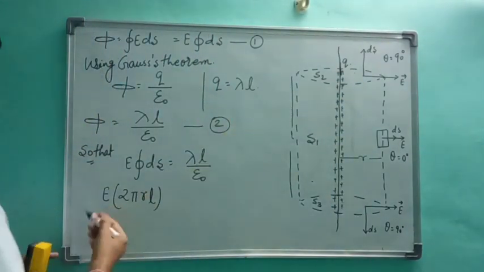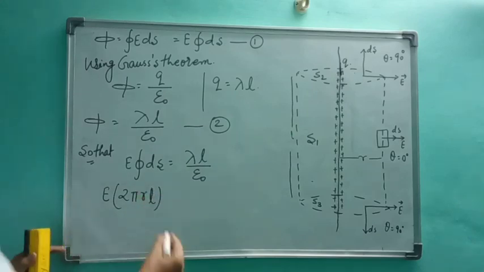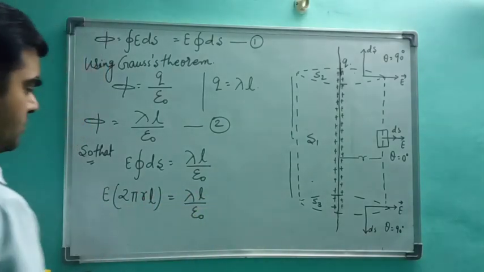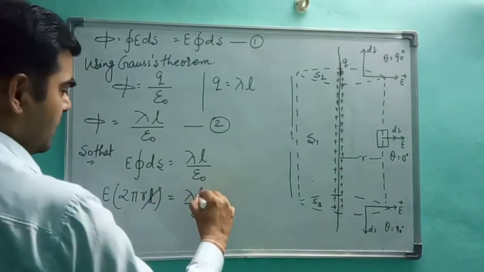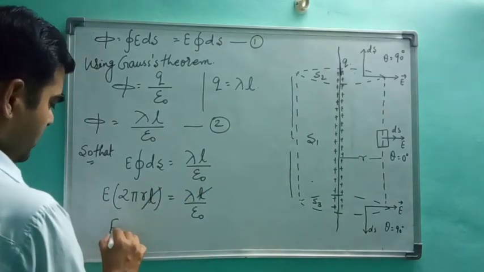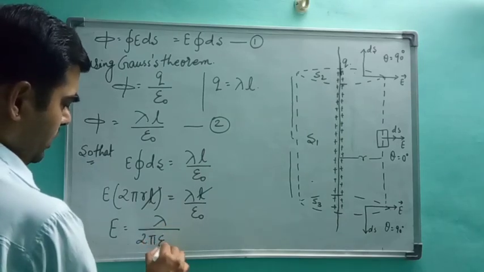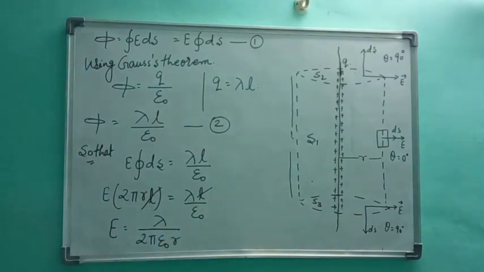So E times 2 pi r L is equal to lambda L upon epsilon naught. So L is cancelled out. Now E is equal to lambda upon 2 pi epsilon naught r. Write down in your notebook. Be careful.